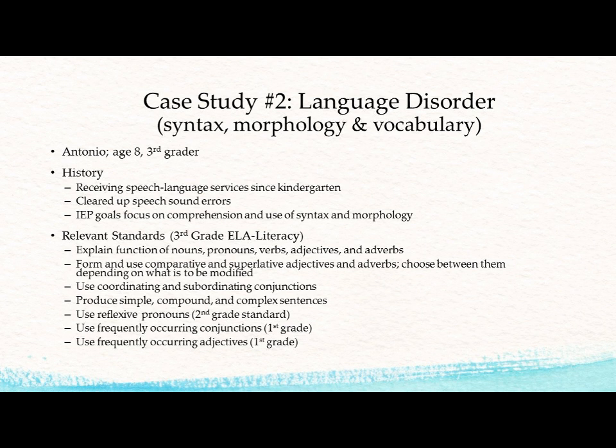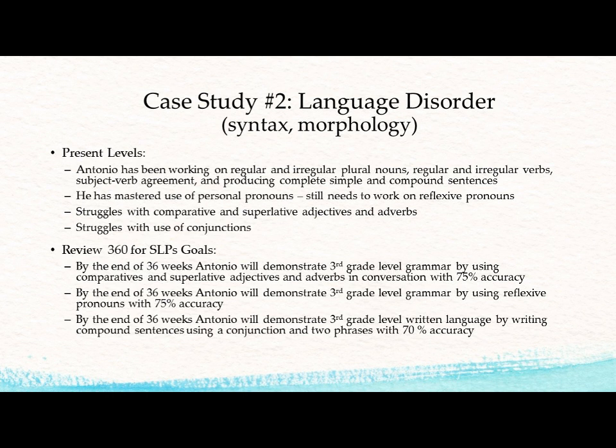So we know a little bit about Antonio, and we've looked at the relevant standards. Next, we need to look at where Antonio is relative to those standards. So looking at his present levels, we can see that he's been working on plural nouns, regular and irregular verbs, subject-verb agreement, and producing complete, simple, and compound sentences.